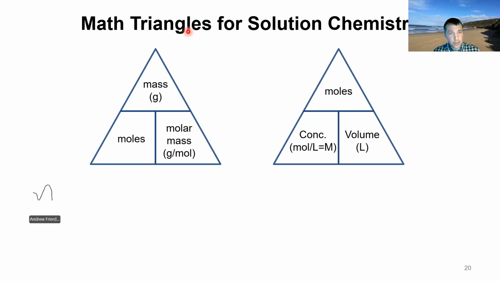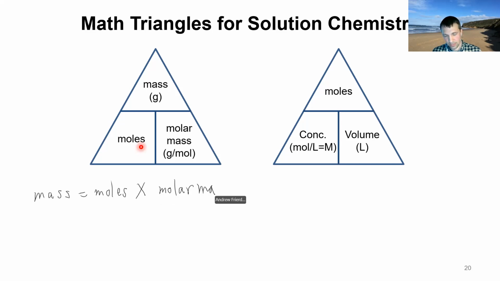All right. So these math triangles work like this: whatever is at the top of the triangle, let's say mass, is simply equal to the product of the two items at the base of the triangle. So mass is equal to moles times molar mass.